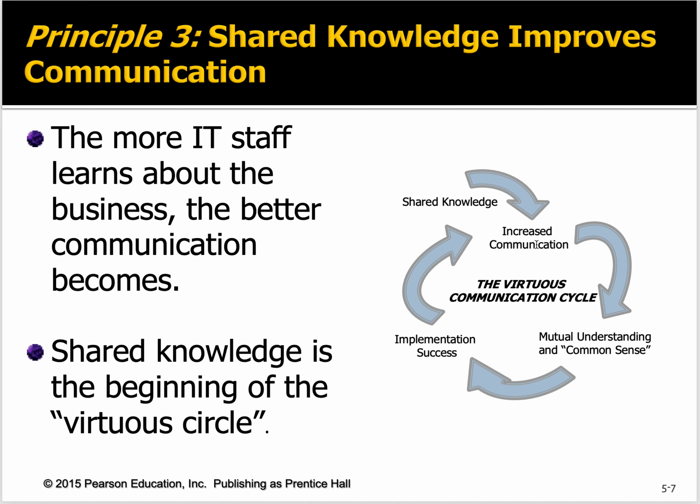It applies for certain between sales and supply chain, which can often be at odds, but if you employ a model like this and build it up over time, you have a tremendous relationship. All right, so the more IT staff learns about the business, the better communication becomes. The more business learns about IT, the better communication becomes. And shared knowledge is the beginning of that virtuous cycle.